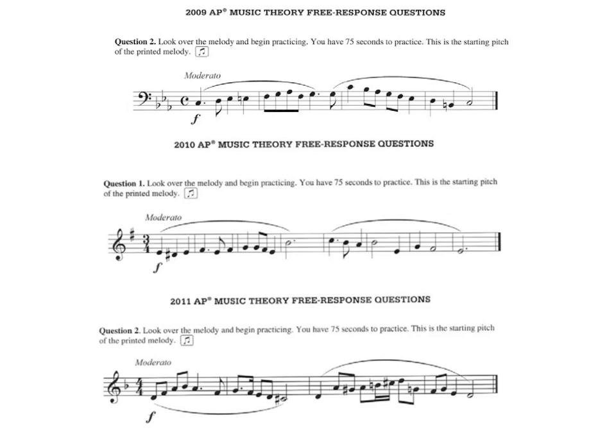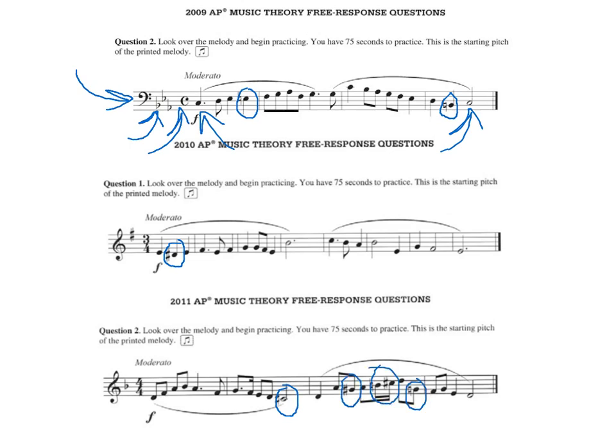And finally, here are the 2009, 2010, and 2011 sight-singing melodies in simple meter. Again, take note of the clef, key signature, time signature, starting and ending pitches, as well as any accidentals. All of these examples are in a minor key, and it's common to see the leading tone.